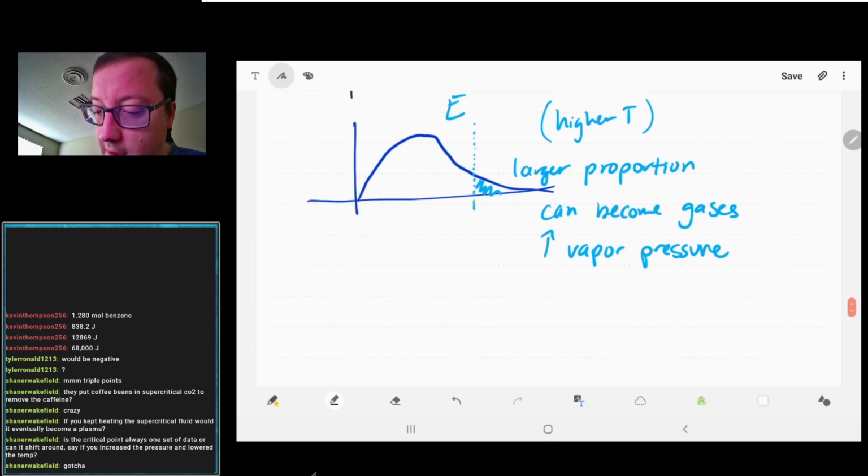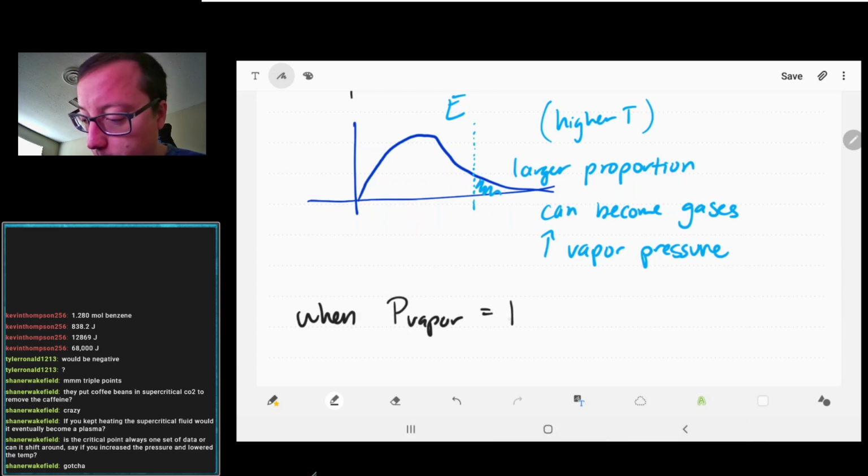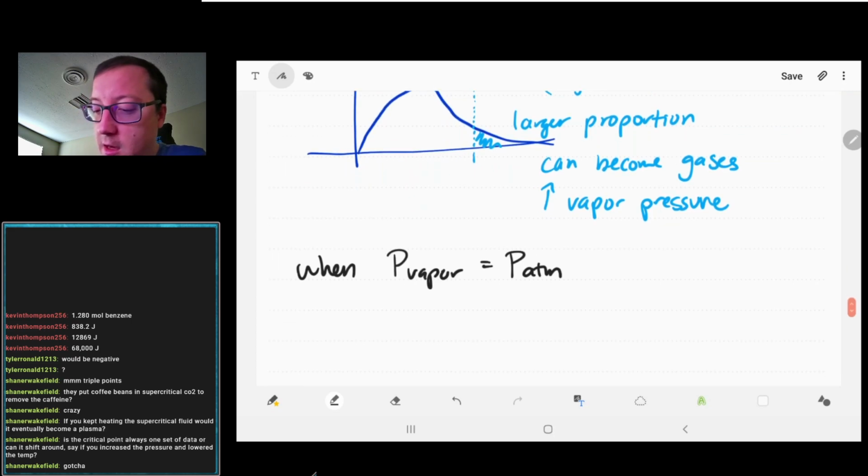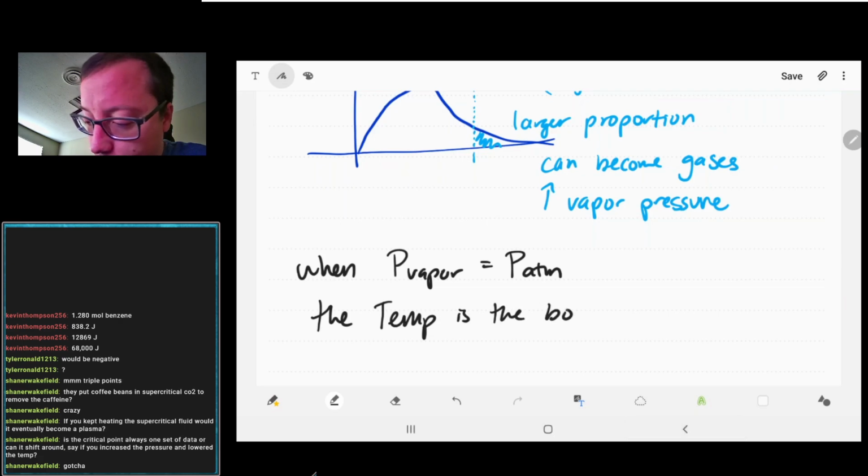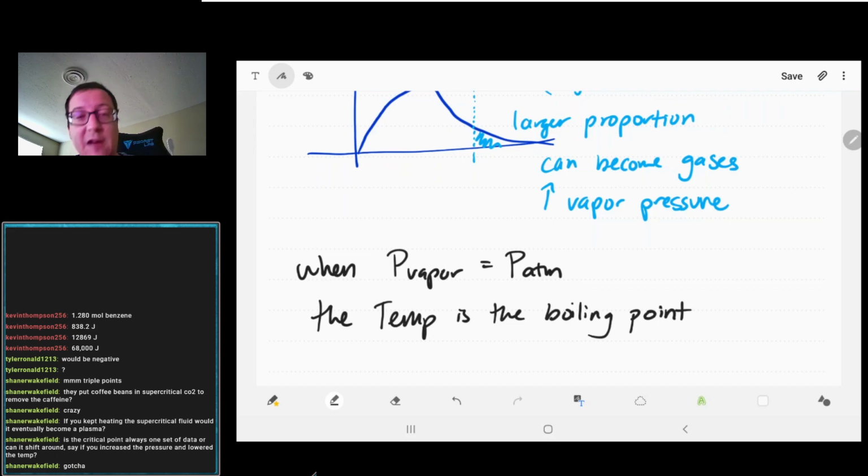And it turns out that when your vapor pressure is equal to the atmospheric pressure, the temperature is the boiling point. So the temperature at which your vapor pressure equals atmospheric pressure is your boiling point.